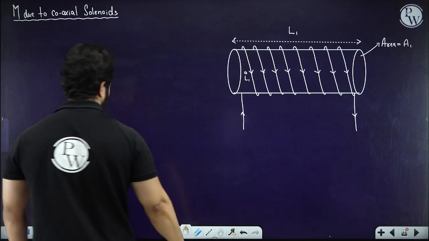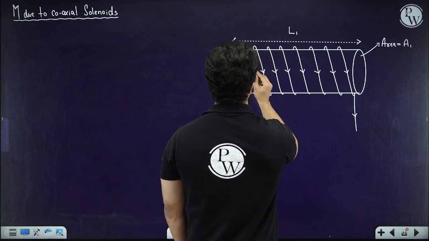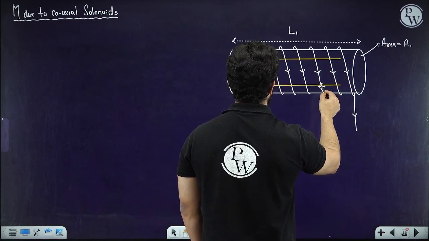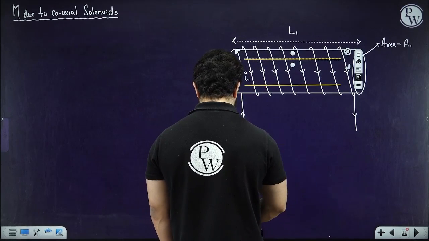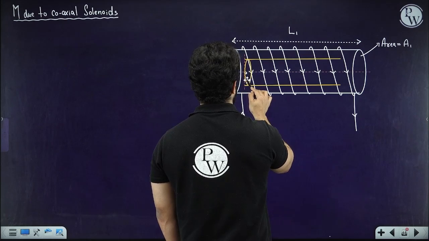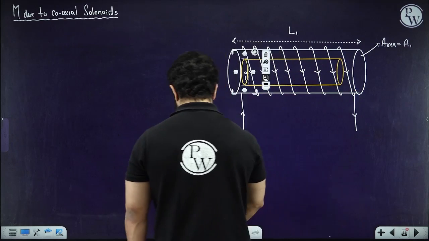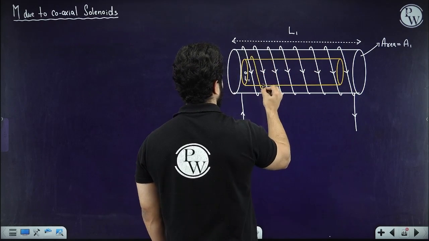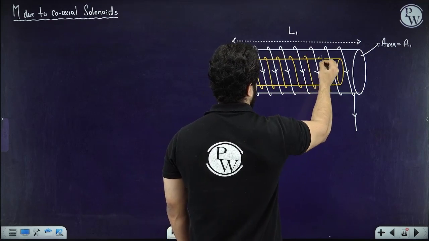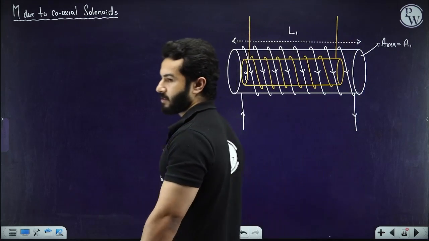Next, let's suppose we have another solenoid inside of it, something like this, which has N2 turns.